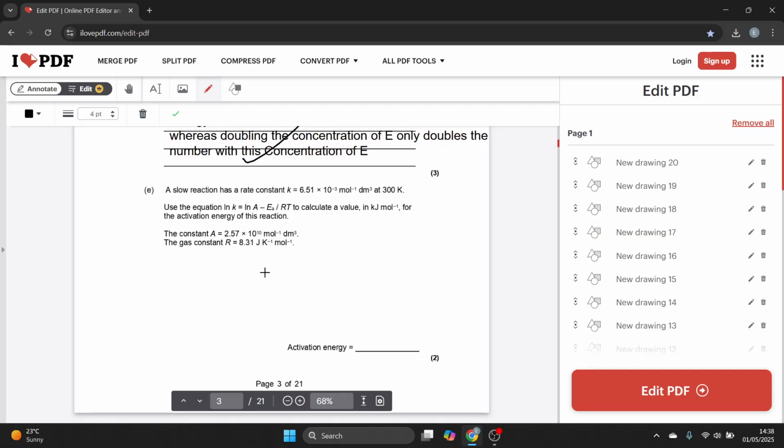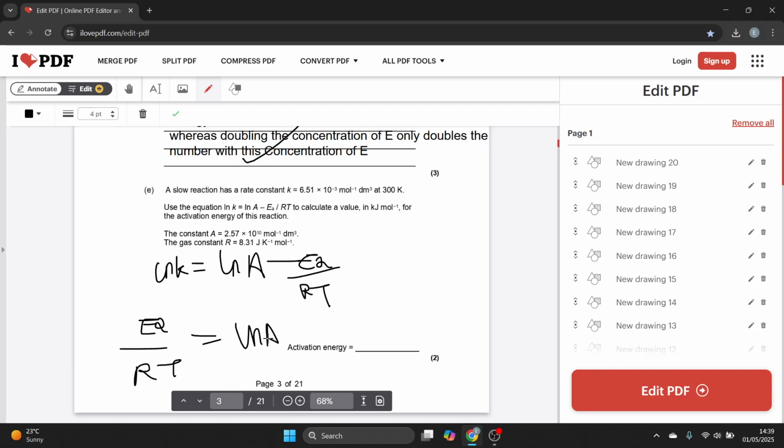A slow reaction has a rate constant of this at this temperature. Use the equation to calculate a value for the activation energy. It tells me ln k equals ln A minus Ea over RT. So let's rearrange it. Ea over RT equals ln A minus ln k.